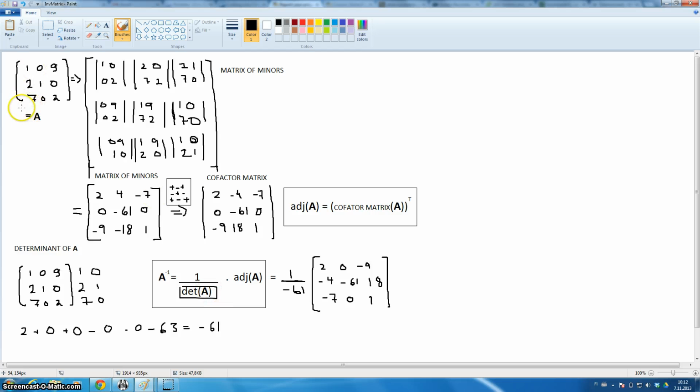Okay, here we have a matrix A, and how we do this is we take a matrix of minors first.